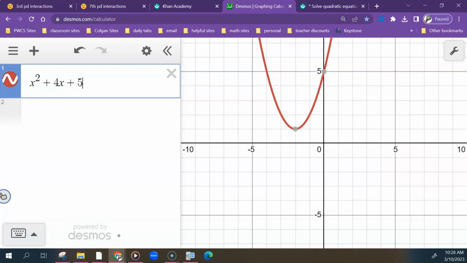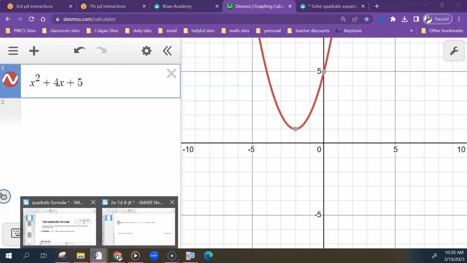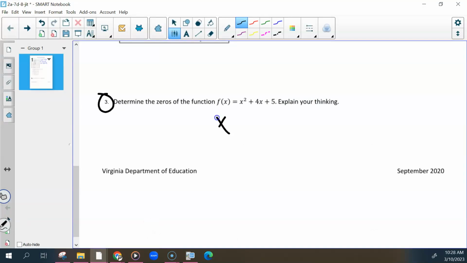If I put this in Desmos, what are your solutions? Does it cross the x-axis? No, so there are none. So no solutions would be the answer for number 3.